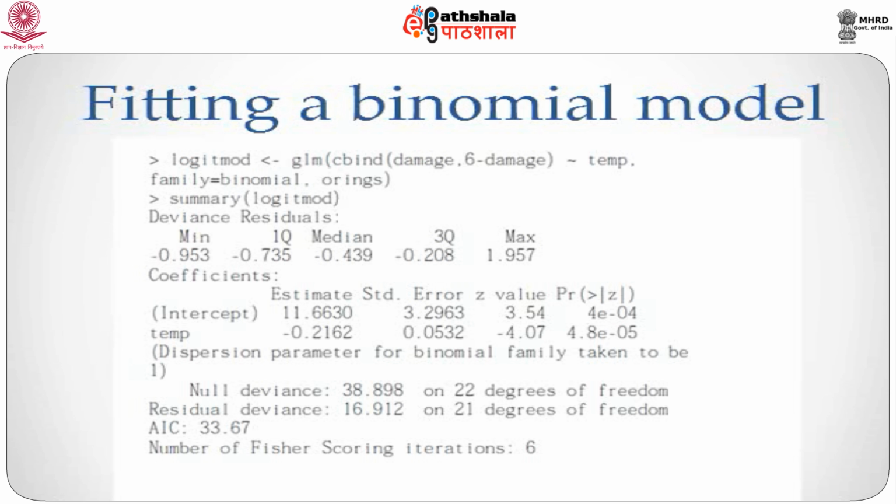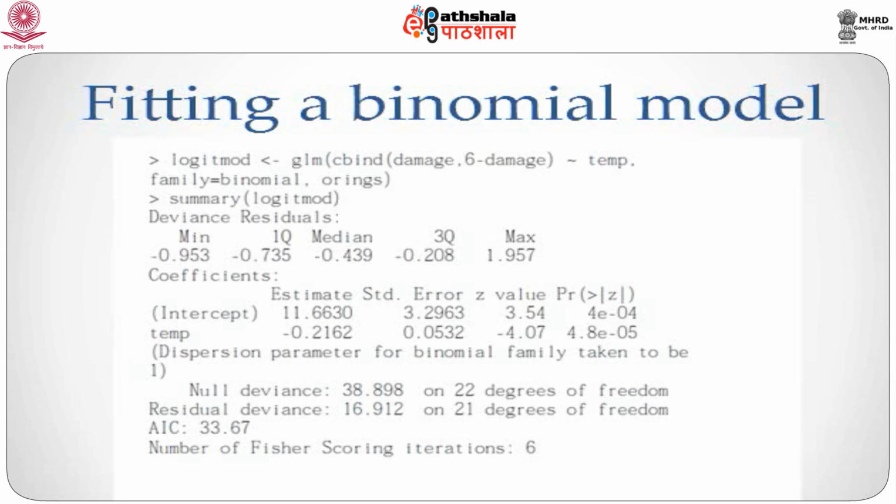It next gives 2 values of the deviance, something called the null deviance, which is the deviance without any covariates, and something called the residual deviance, which is the deviance after taking into account the covariates, which in this case is only temperature.